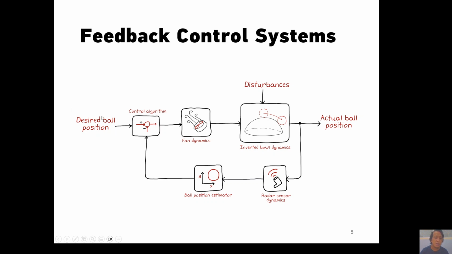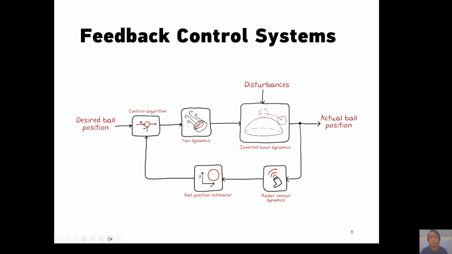The set point is the desirable position, and then we can use the control algorithm to control the fan dynamics, and then the fan dynamics can move the ball if there is some movement of the ball to the right side, left side, front side, or back side.